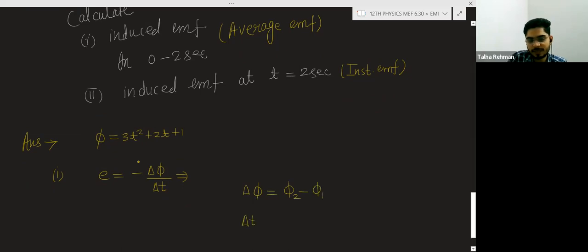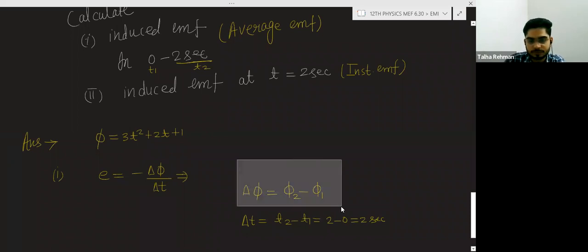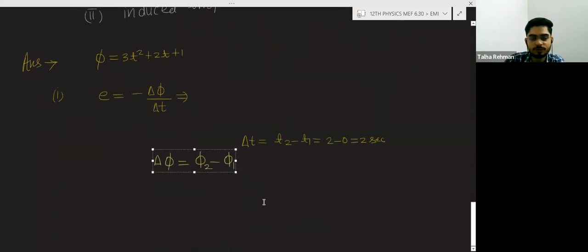What is the meaning of delta t? T2 minus T1. First calculate delta t. What is T2? T2 is 2 seconds, and this is your T1. So delta t is T2 minus T1, 2 minus 0. It will be 2 seconds. Now, how will you calculate phi 2? For phi 2, you will put t is equal to 2 in this equation.